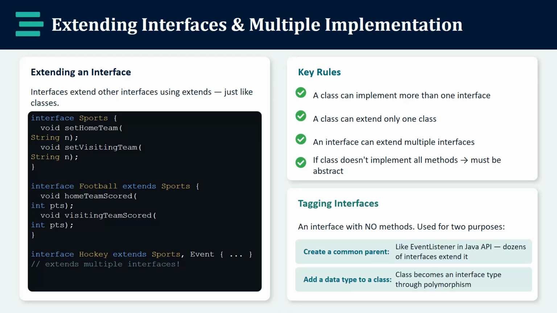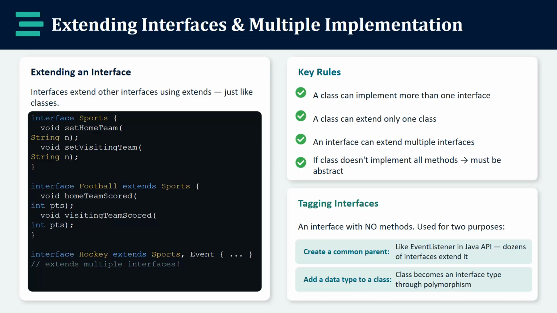So as you do the extension of the interfaces, you need to keep in mind the key rules. Number one is that a class can implement more than one interface. Number two is that a class can extend only one class. And number three is that an interface can extend multiple interfaces.